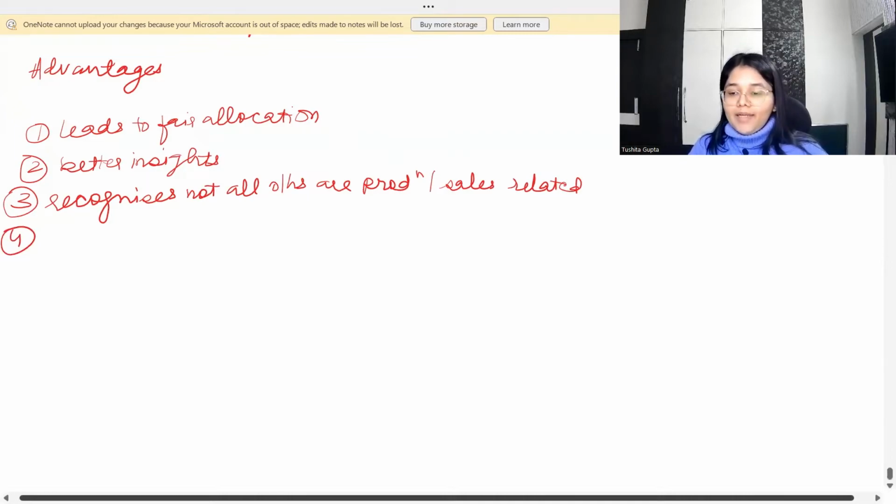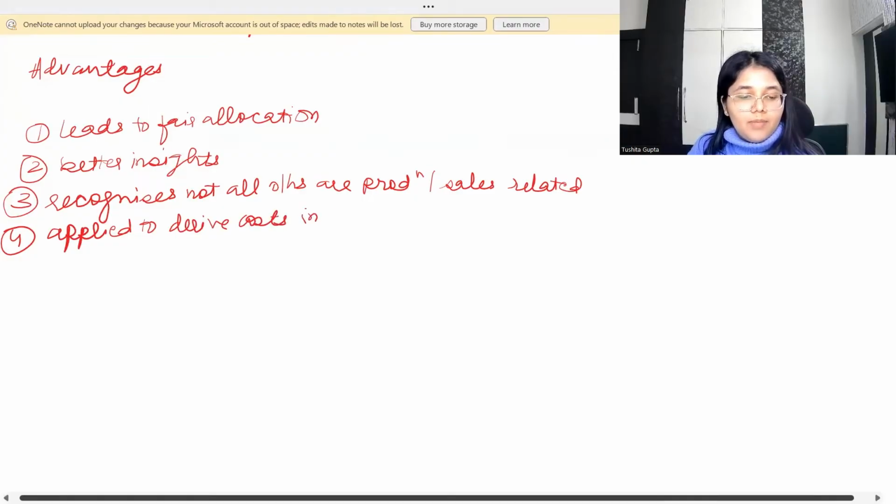Then another advantage that ABC offers us is that ABC can be applied to derive costs in the complexity of a machine-based business environment. So in today's era where we have a lot of machines to perform all sorts of tasks, it can be applied to derive the costs in such a scenario. Applied to derive costs in complex environments. Right?